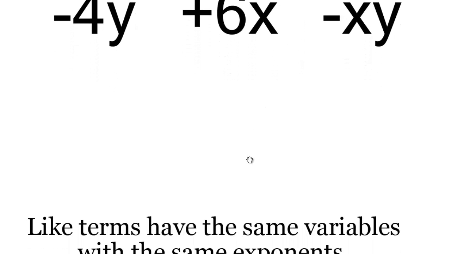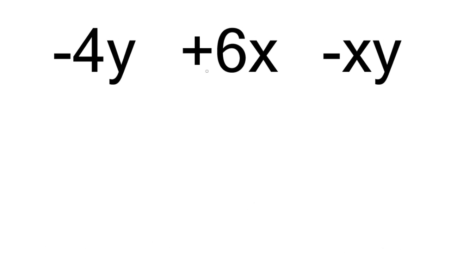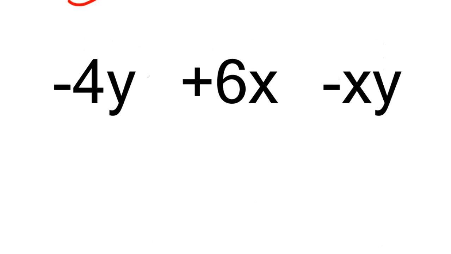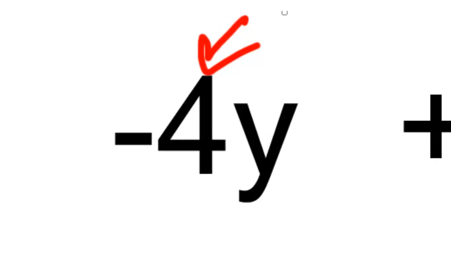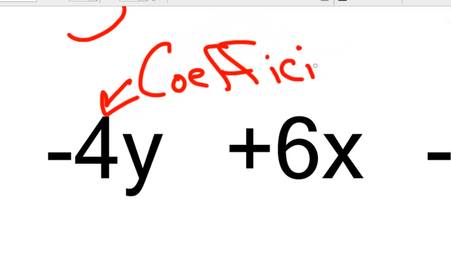Like terms have the same variables with the same exponents. So here's an expression, and we can see that there are no like terms. I know that this part right here, the -4, is what we're going to call a coefficient. The -4 is our coefficient. We just learned what these letters are called.